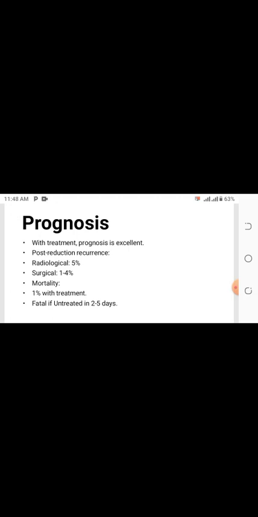Looking at mortality, it's about 1% with the treatment, meaning when you treat appropriately within the shortest time possible, most patients respond positively. And it is always fatal if untreated in 2 to 5 days. When we don't treat it, we have very bad outcomes.